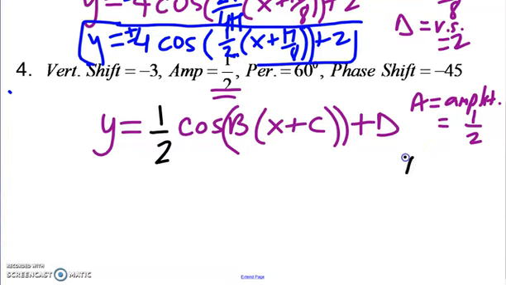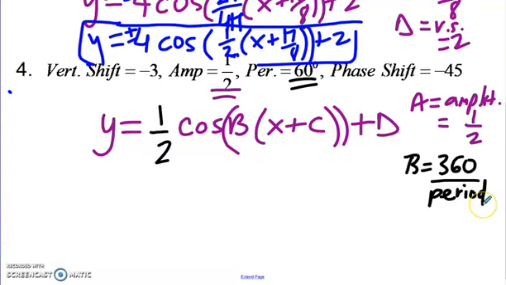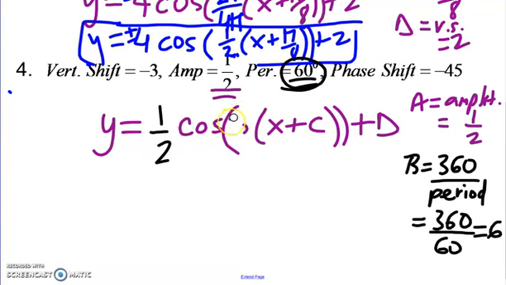Okay, then for my b value, and notice I'm in degrees here, so the b value is going to be 360 degrees divided by the period. So here I have 360 and I'm given a period of 60 degrees. So 360 divided by 60 is 6. So I replace my b value here with 6.